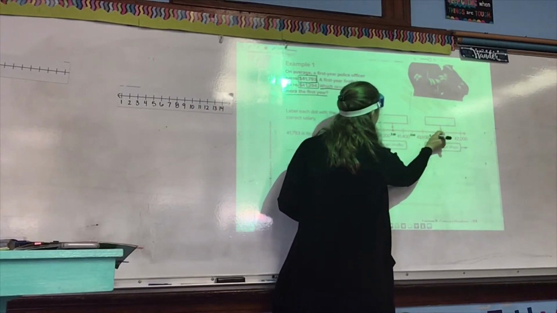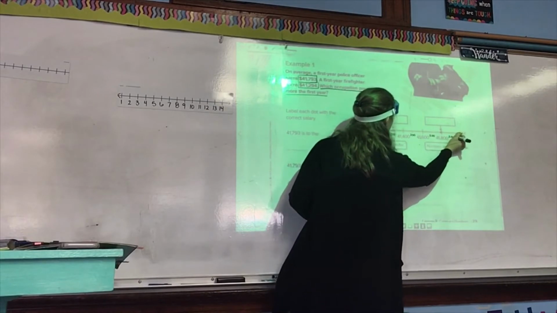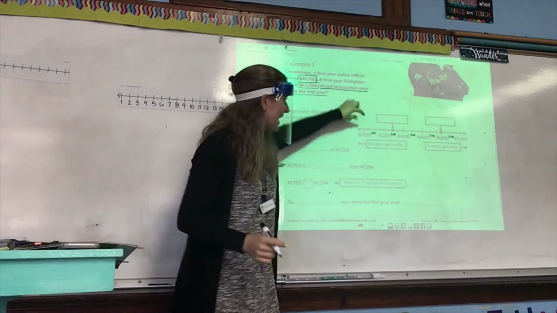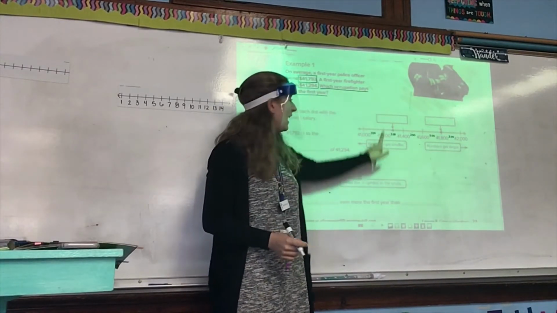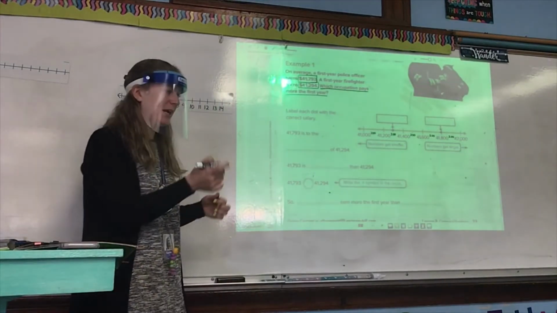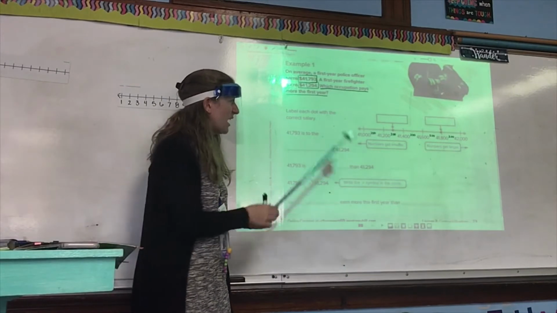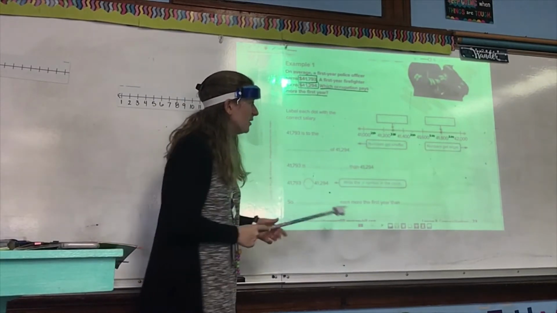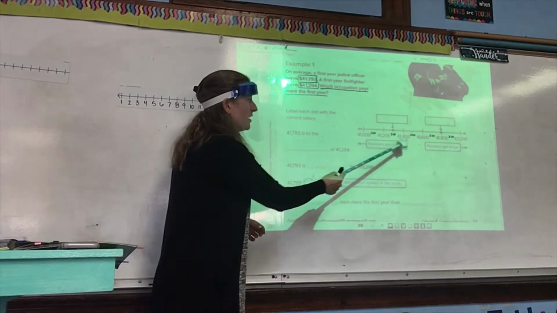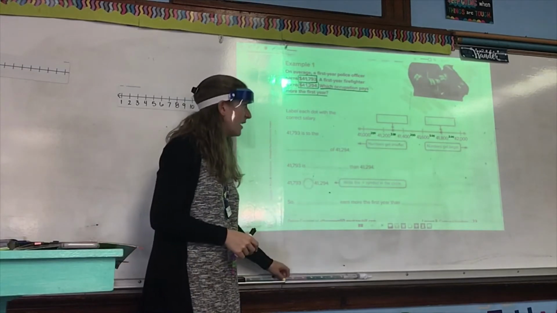So that's the regular interval. That's what they mean by regular intervals. It has the same amount of space, and it goes up by the same amount each time. Very good. Okay, so first, we need to label the dots. We have a dot here between 41,200 and 41,400.